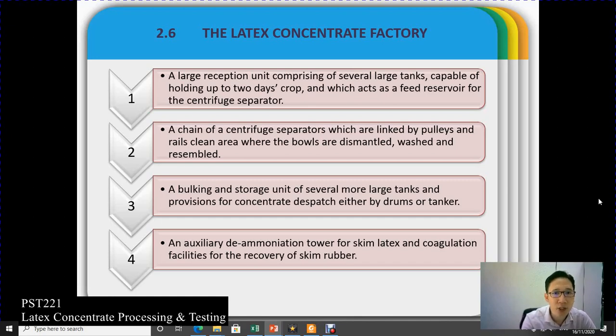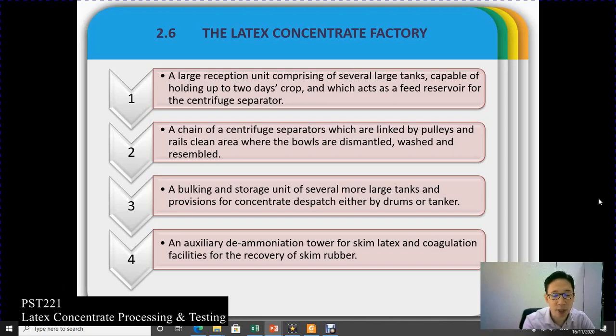And then a chain of centrifuge separators, which are linked by pulley and a rail, and a clean area where the bowls are dismantled, washed and disassembled. Then we have a bulking and storage unit with several more large tanks and provisions for concentrate dispatch either from drums or tanker.